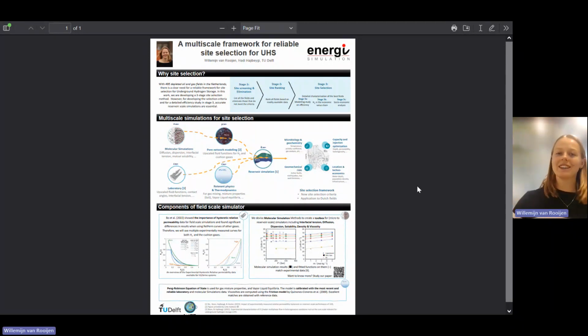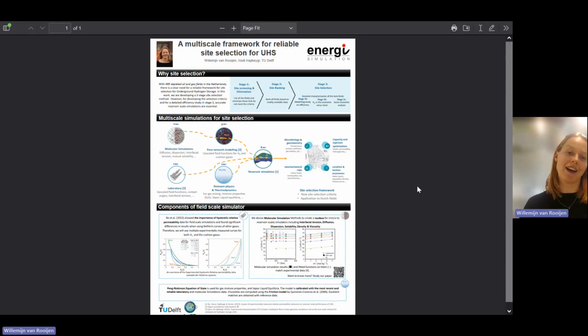But imagine we finally did all the research that we need. We are ready to implement this technique of underground hydrogen storage. But we have to decide, where do we store this hydrogen? We already know that, based on the seasonal disbalance, we need very large volumes.